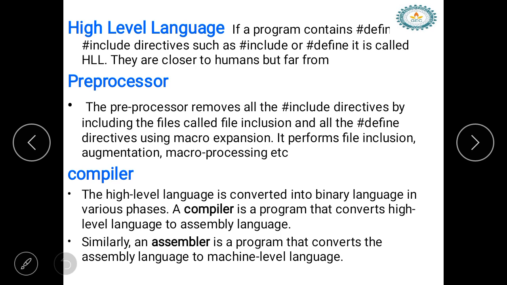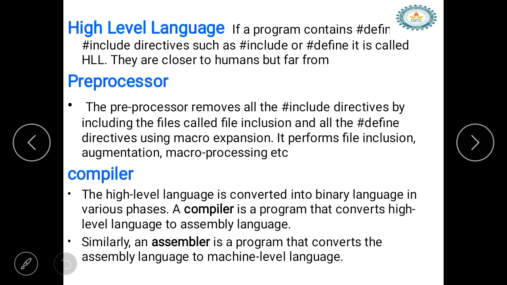So the high level language is the input to the preprocessor. The preprocessor converts the high level language into pure high level language. Pure high level language means the files, white spaces and comments are removed. So that is a pure high level language.